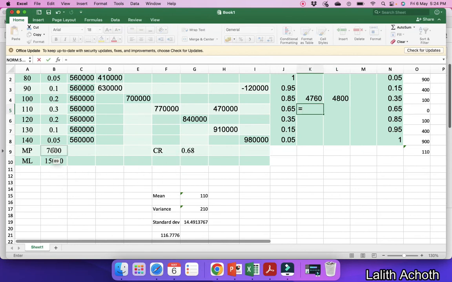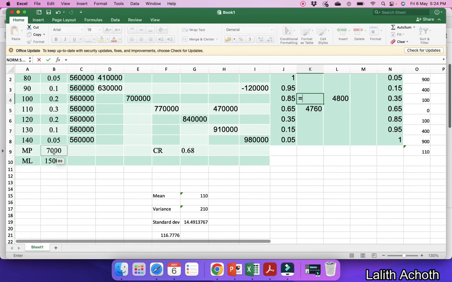So very clear. Marginal profit into critical ratio will give me the gain. Oh, no, sorry, I made a mistake.